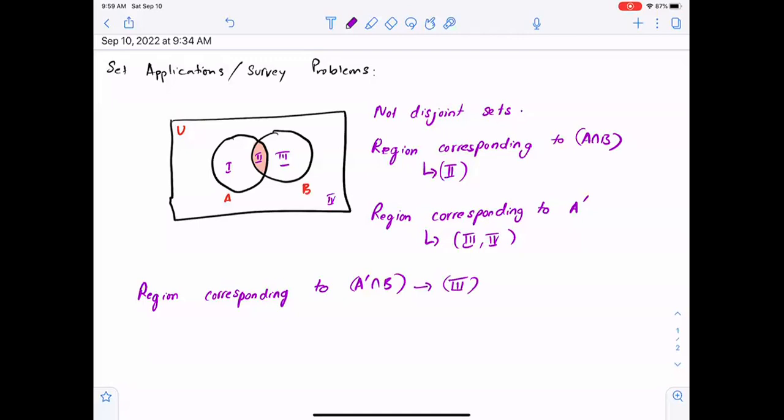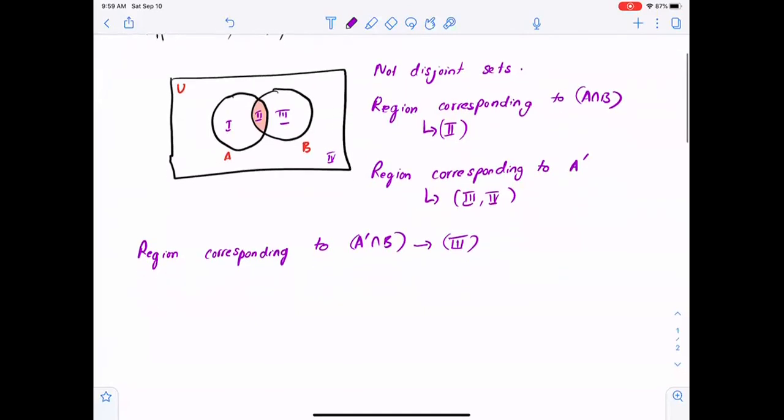There are a couple of ways in which one may deduce this. You can either use literal expressions, or you can use the Venn diagram. I shouldn't call it graph.